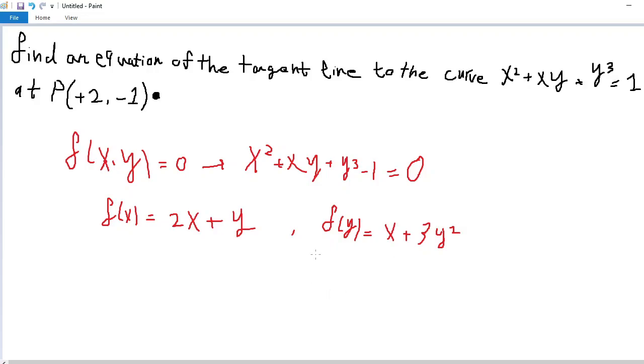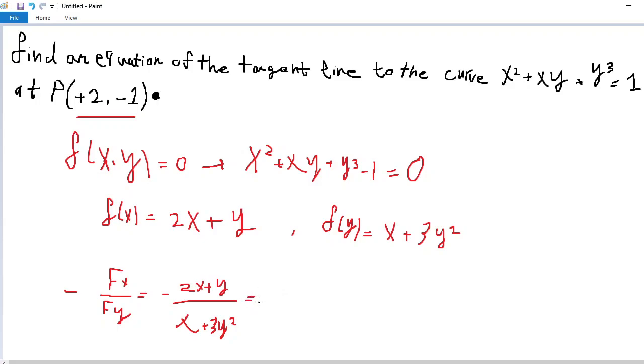We said before that for the final step of implicit differentiation, we write negative F sub x, the partial derivative with respect to x, over the partial derivative with respect to y. So we write negative (2x plus y) over (x plus 3y squared). Everything is correct. What's left is to use the point, so we enter the point into this equation.